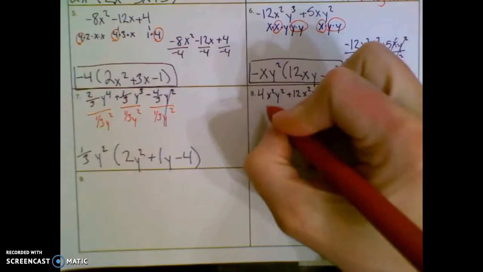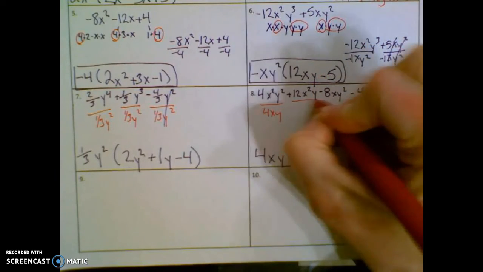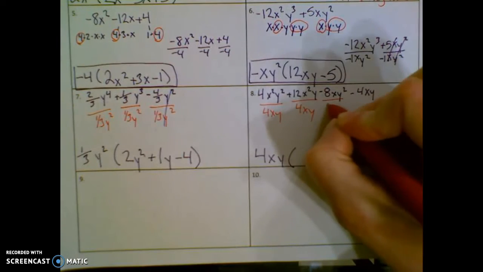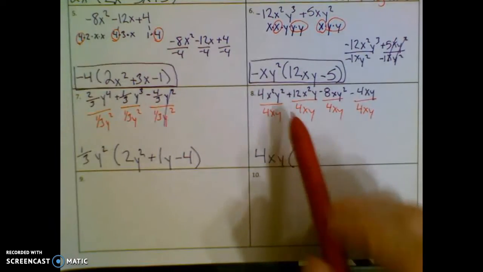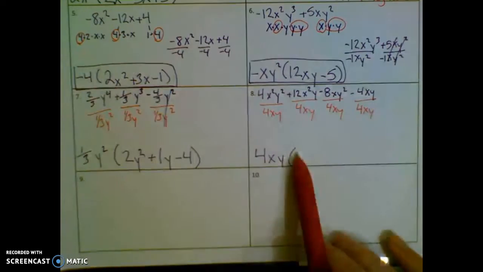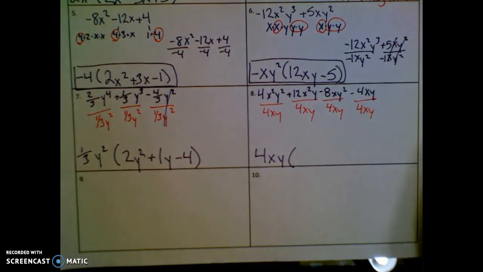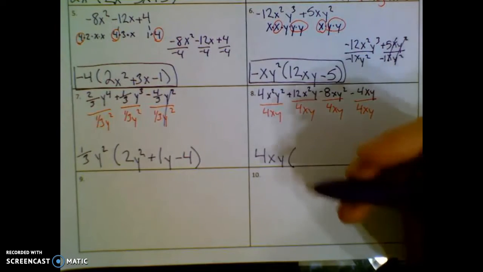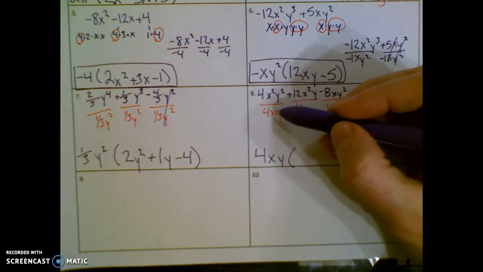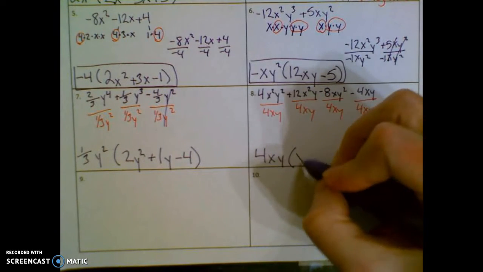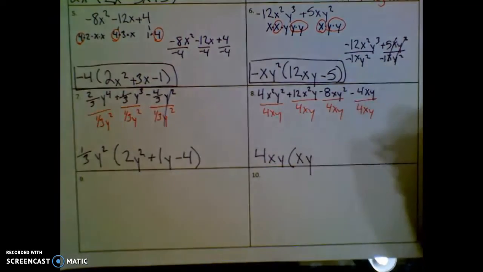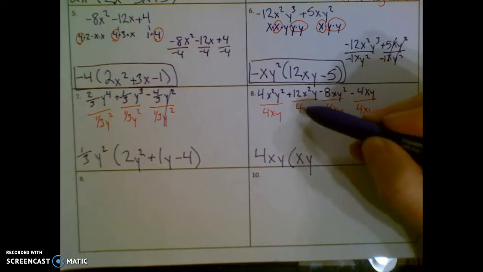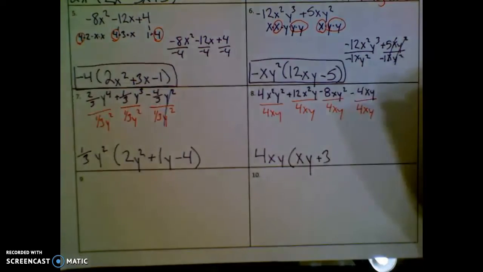So I'm going to divide every single thing by 4xy. Make sure I have 1, 2, 3, 4 terms when I'm done. 4 divided by 4 is 1. X squared divided by x, 2 minus 1 leaves me 1x. Y squared divided by y leaves me 1y. Positive 12 divided by 4 is a positive 3.